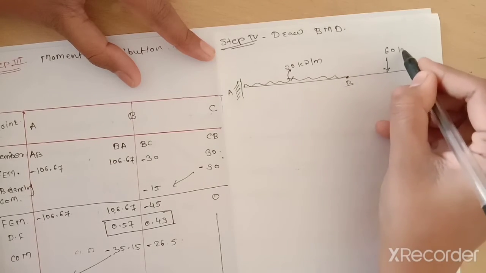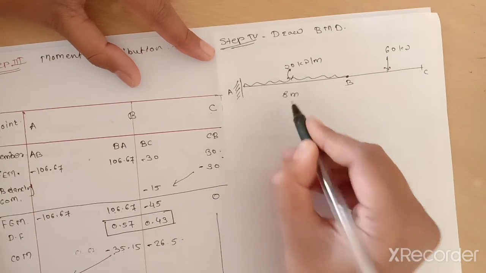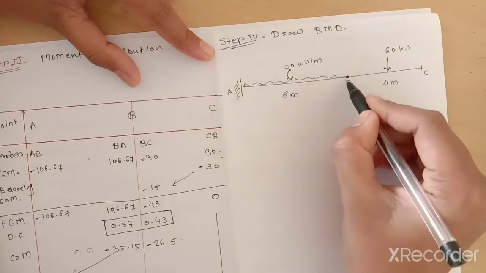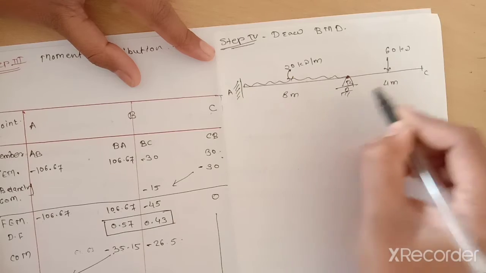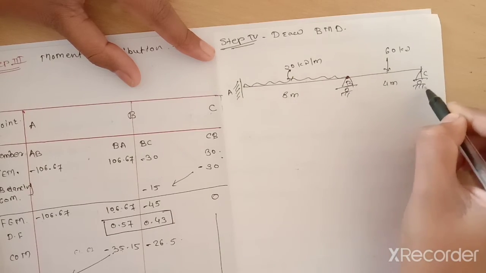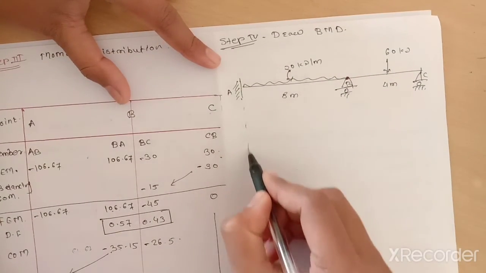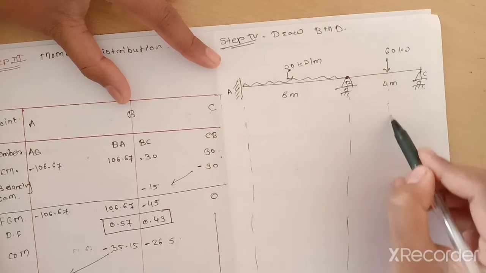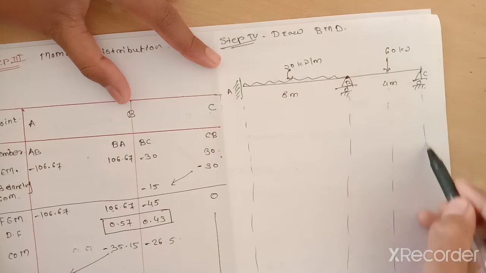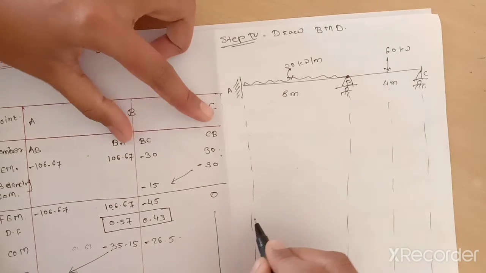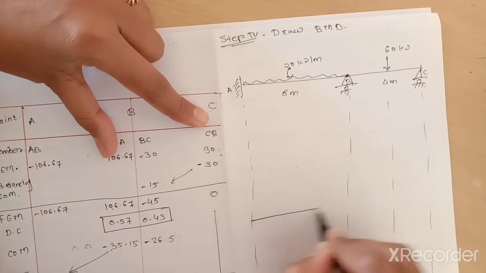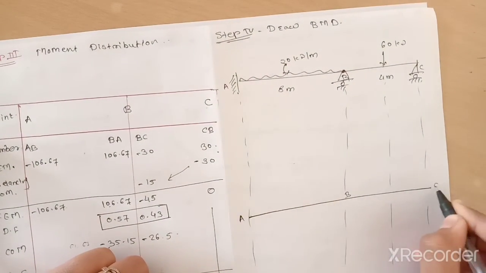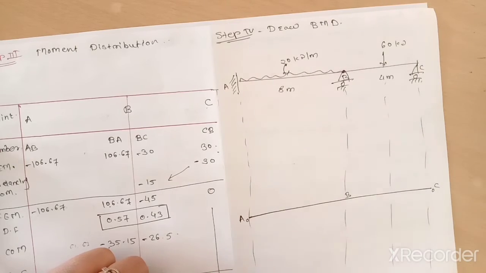Then here 60 kilonewton, distance is 8 meter, and here total distance is 4 meter. Okay. Then take projection lines. Okay, first draw neutral axis A, B, C. 0, 0. Okay.